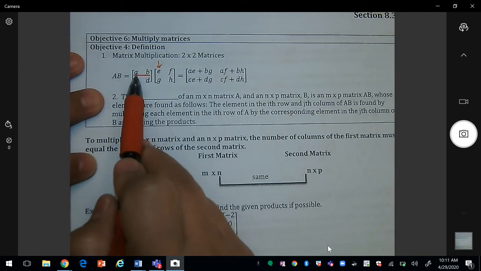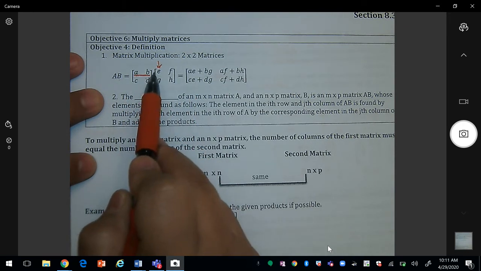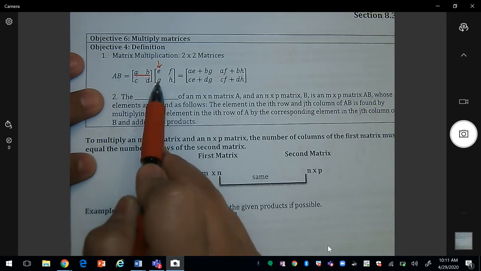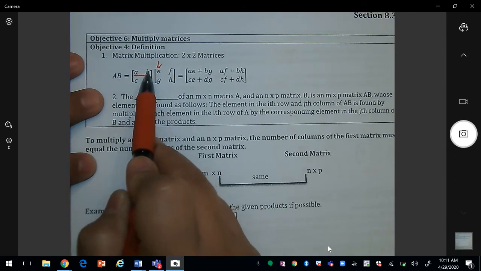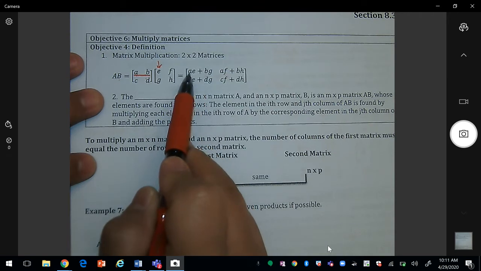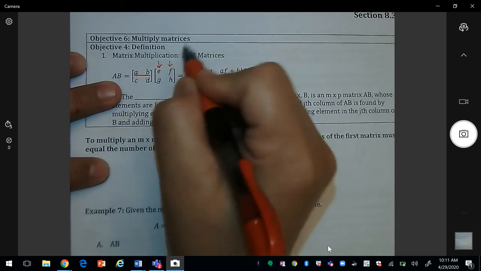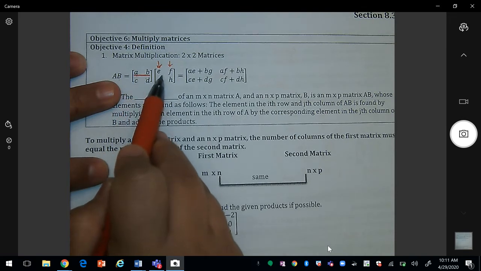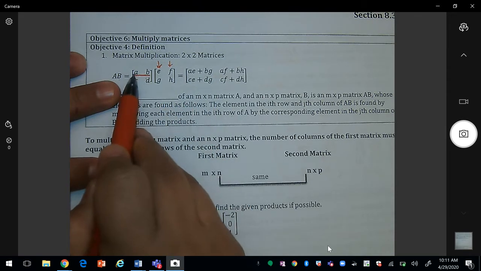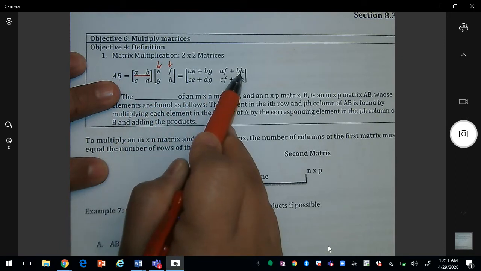So we would say A times E, that's right here, plus B times G. So the first one with the first one, second one with the second one, and then we add the products. And then we use the same row, but now we go on to the second column. So you want to use the same row until you're finished with all the columns. So A times F is right here, and then B times H is right here.